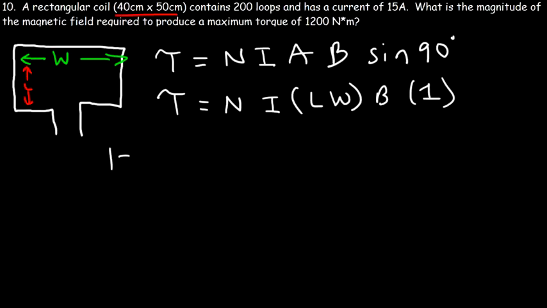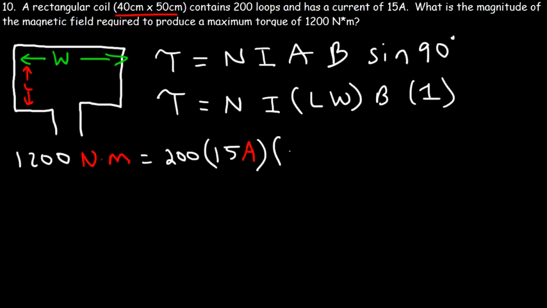So the maximum torque is, let's put this on the left, it's 1200 newtons times meters. N is equal to 200 loops. The current is 15 amps. And then the area, the length times the width, we need to convert 40 centimeters to meters. So that's 0.4 meters times 0.5 meters. And the magnetic field, we're looking for B, so we've got to solve for it.